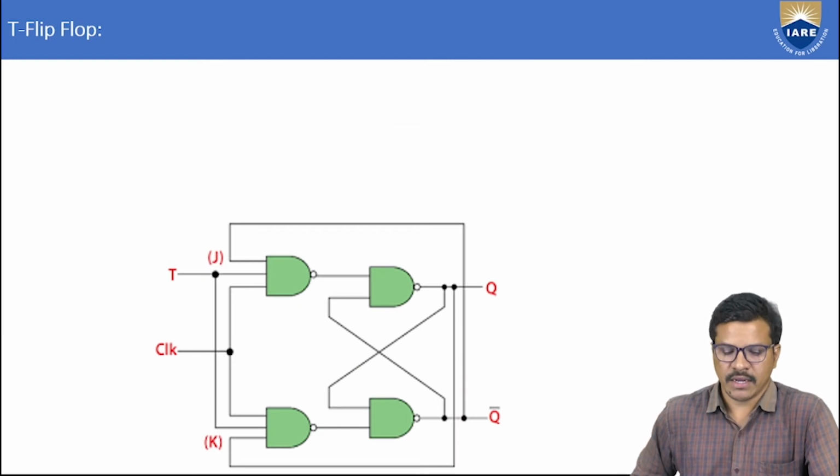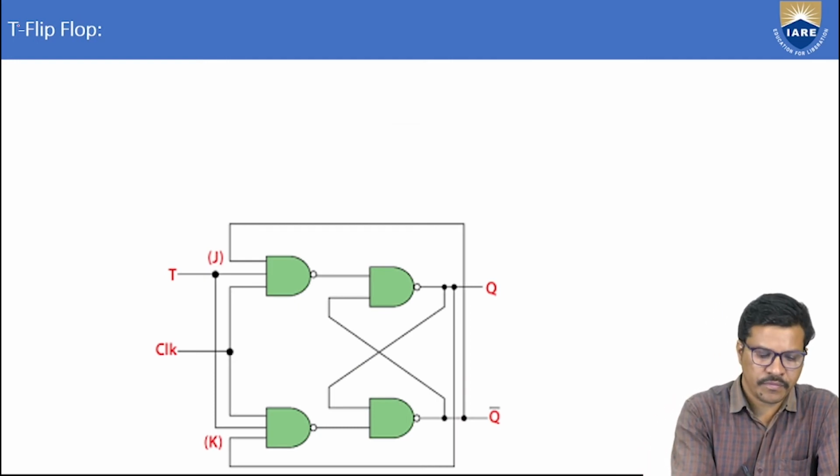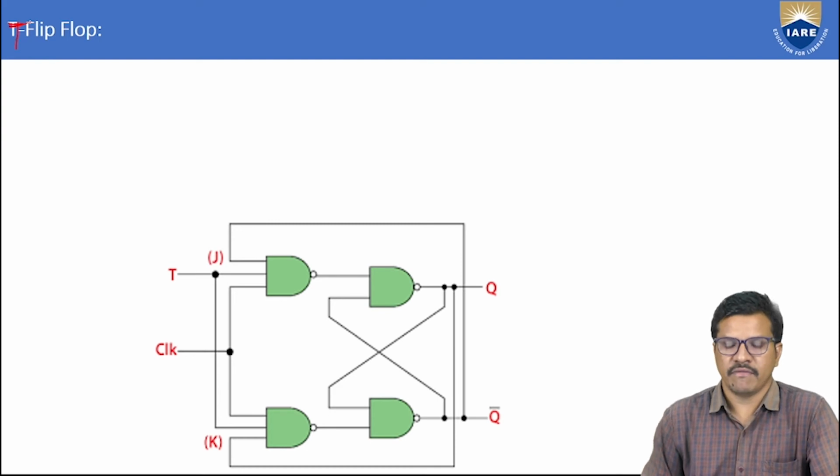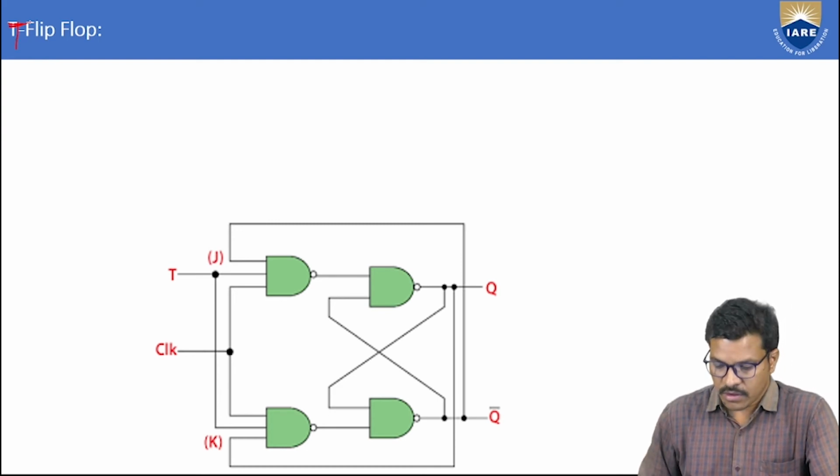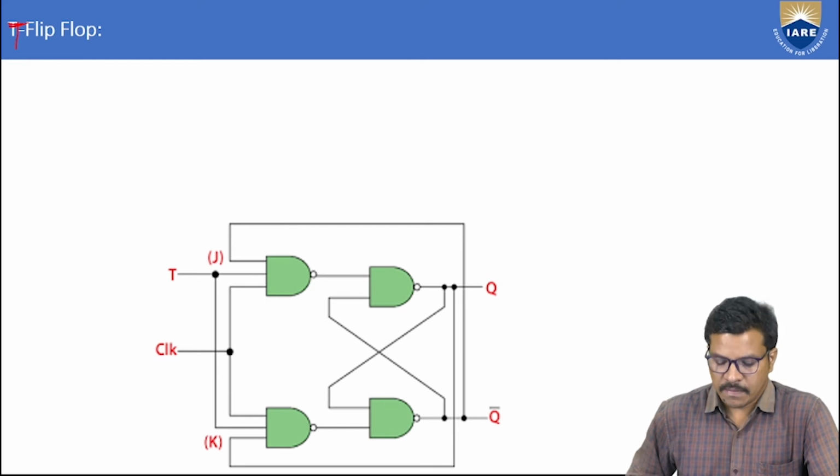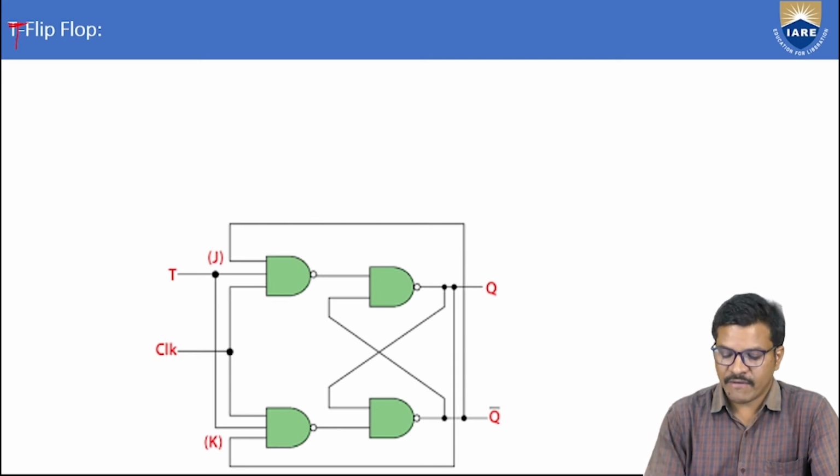Next we will see the T flip-flop. This is very simple. By connecting J and K together, we make the T flip-flop. We have a JK flip-flop. If there is no joining of J and K, it is nothing but a JK flip-flop.